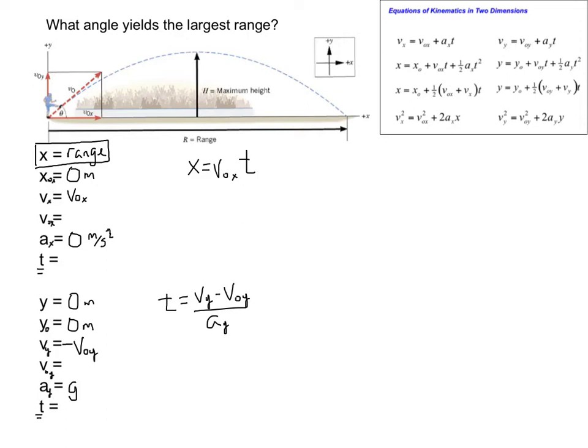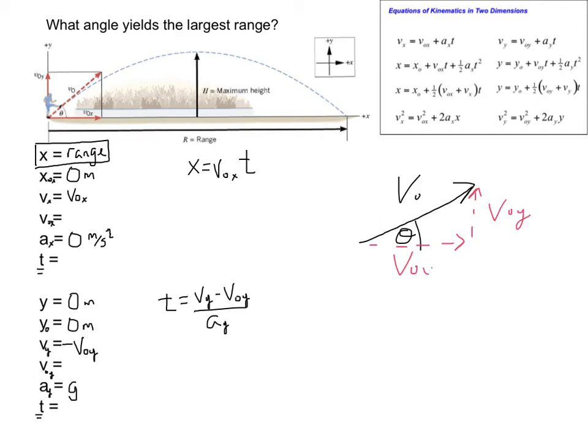So you'll recall that because the kicker is kicking this ball up and to the right with some initial speed v initial and initial angle theta, there are two components, one of which is the x component, the horizontal component of motion, v initial x, and we also have the vertical component of that, v initial y.